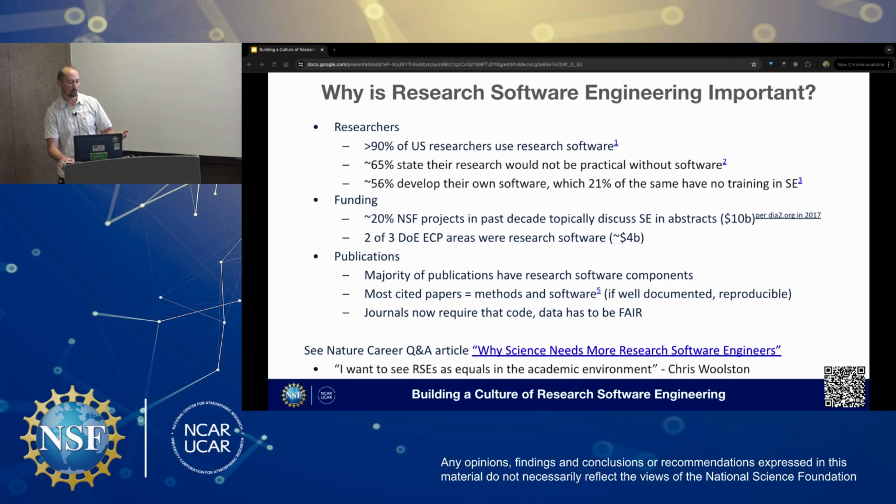So there are articles you could look at in terms of the space. There's a Nature Career Q&A article, why science needs more RSEs. And one of the main points that the author came away with in that article was they want to see RSEs more as equals in the academic environment.